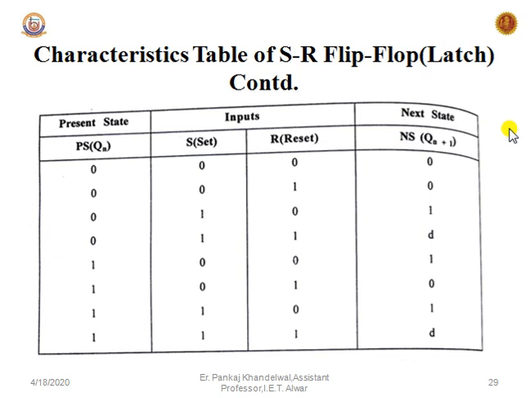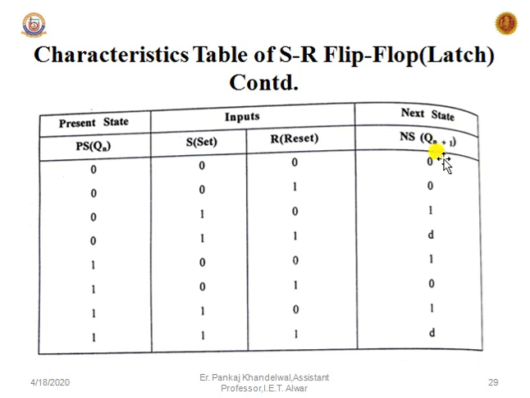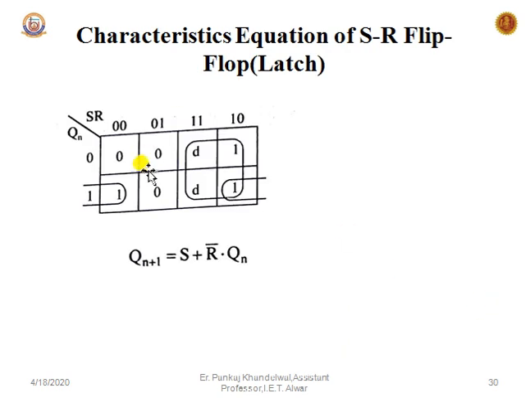After that, by using this table, we can find the characteristic equation. In the next state column, we have to identify the min terms and don't cares. Here we can say m0 is a min term, m1 is a min term, m2 is a min term, m4 is a min term, m5 is a min term, and m6 is a min term, while the remaining two are don't cares.